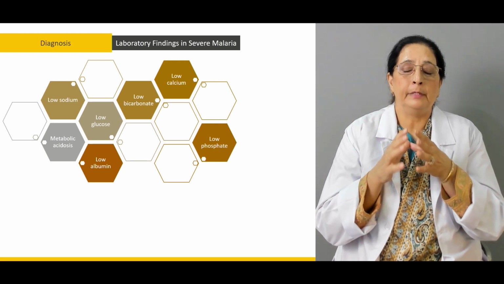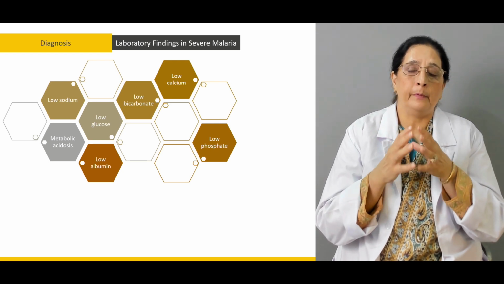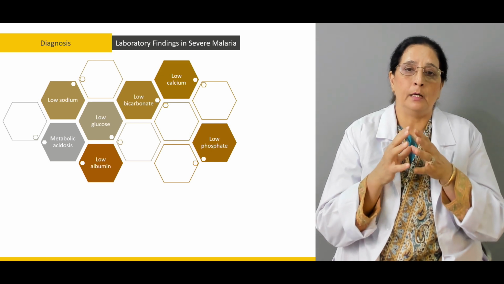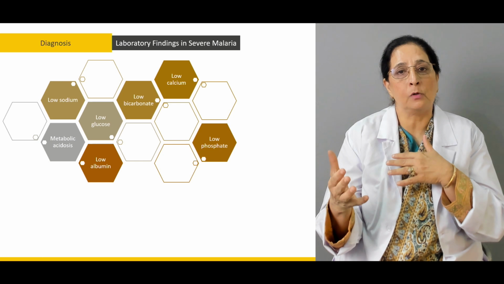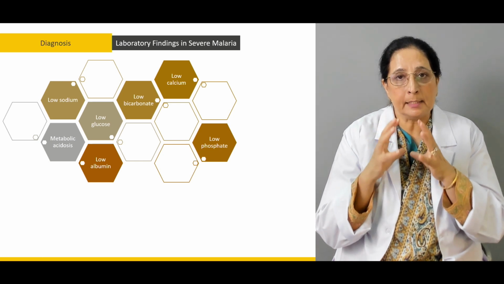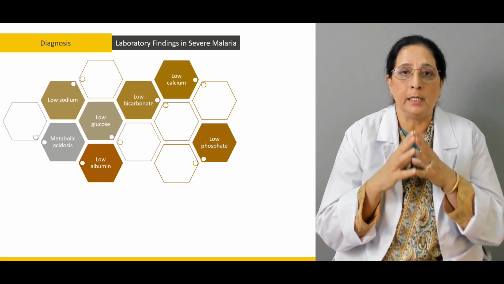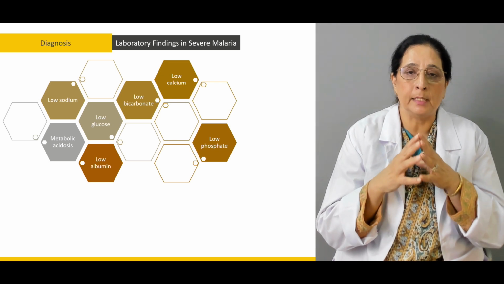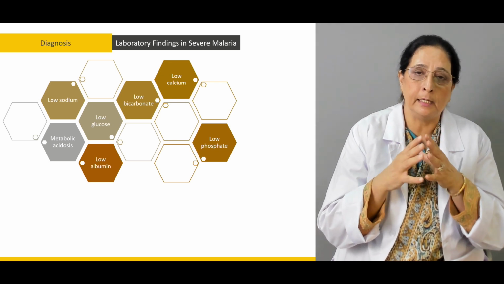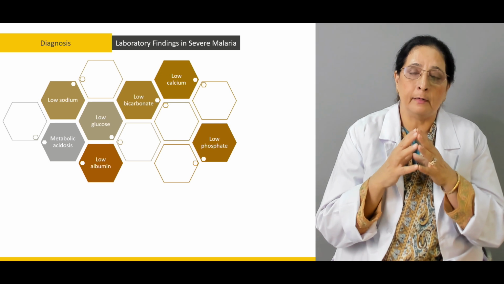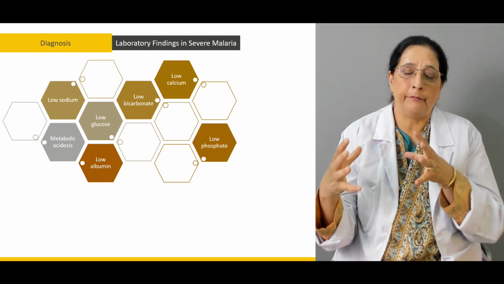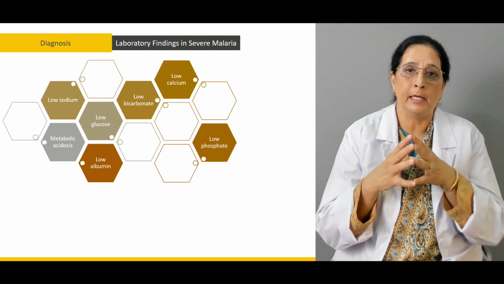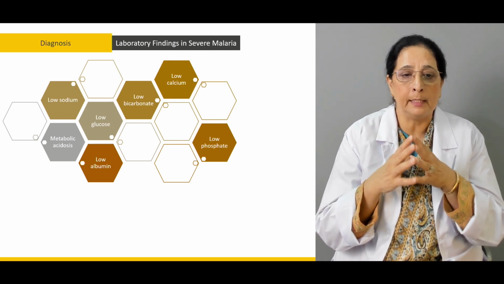If you remember the picture in the malaria one, when we talked about the findings and complications caused by malaria, it attacks the erythrocyte, mainly the red blood cell, and it attacks the hepatocytes, the liver. So all these factors contribute to the different abnormalities we find in severe malaria.